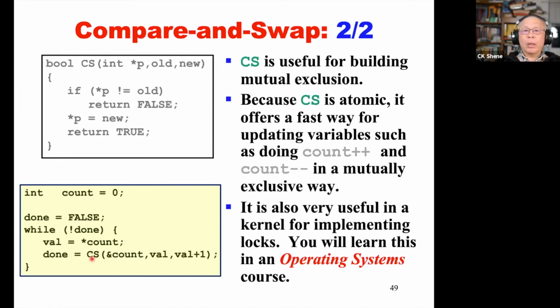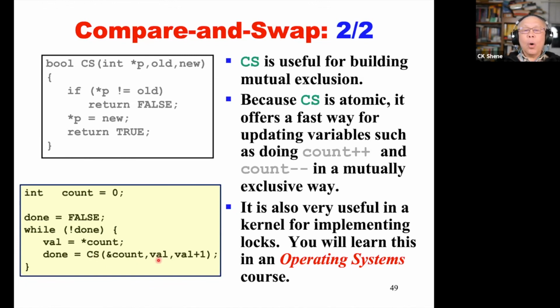In this way, if that process can do it faster than you can, what you do is copy that process's value to a local variable and use this local variable, and your local variable plus 1, for using CS.